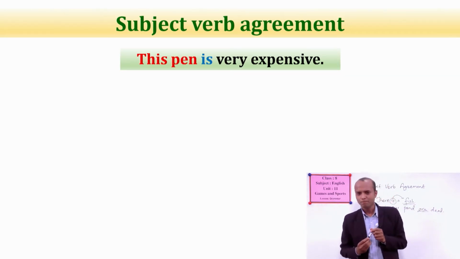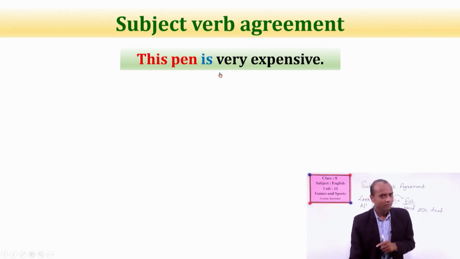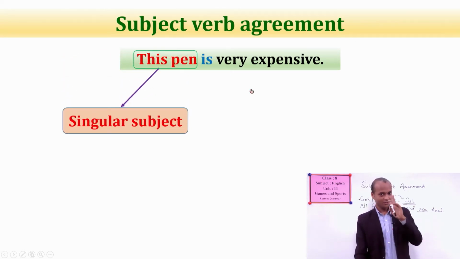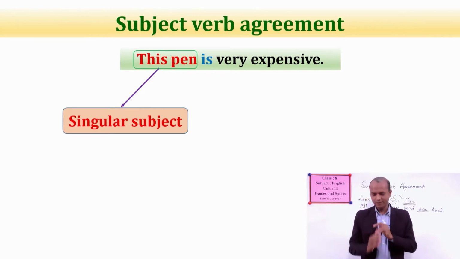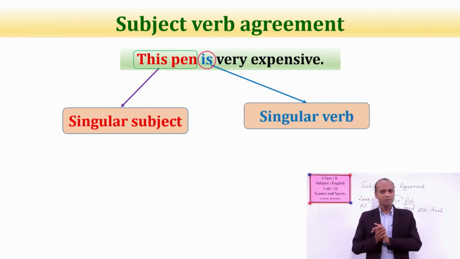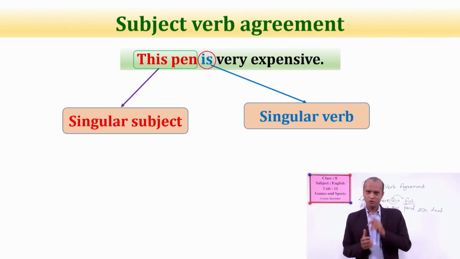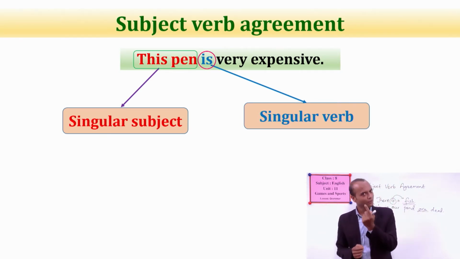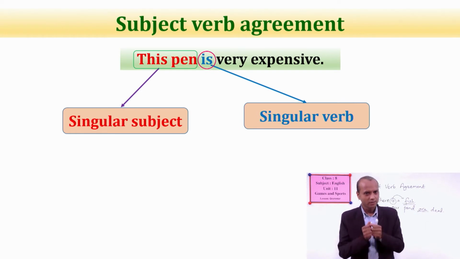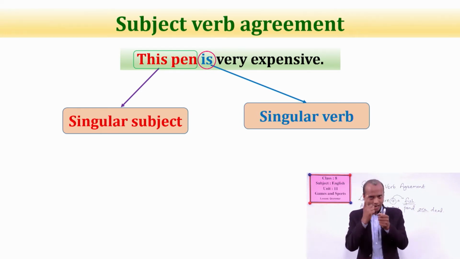Is is the verb. That's why I have highlighted it. Did you notice? This pen is the subject and is is the verb. What sort of verb? Singular verb. Why? Because there is a singular subject. What is it? This pen. One.